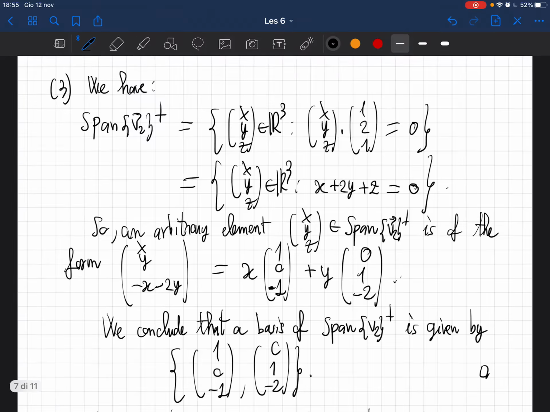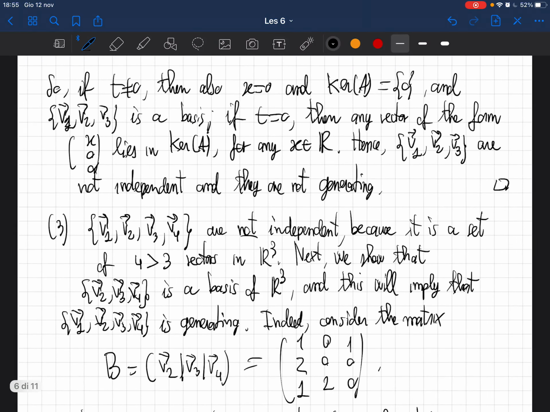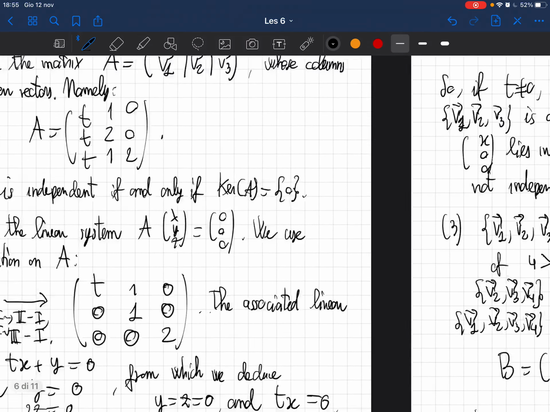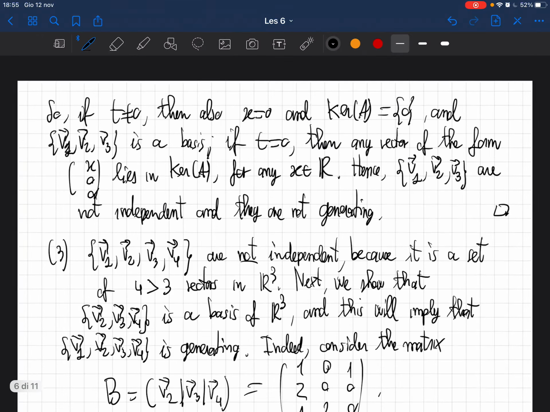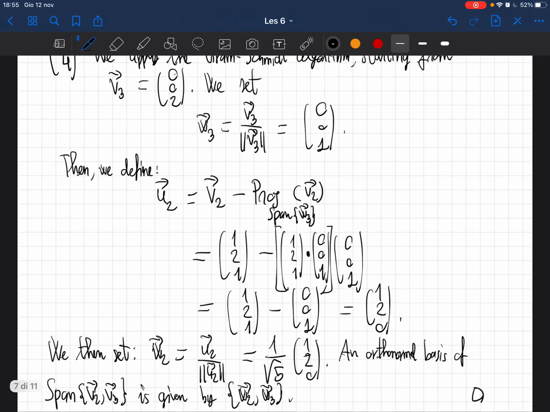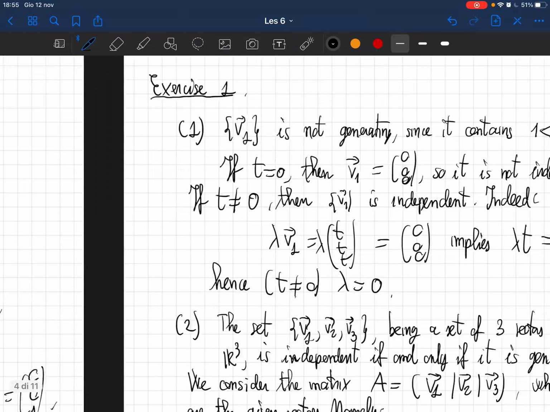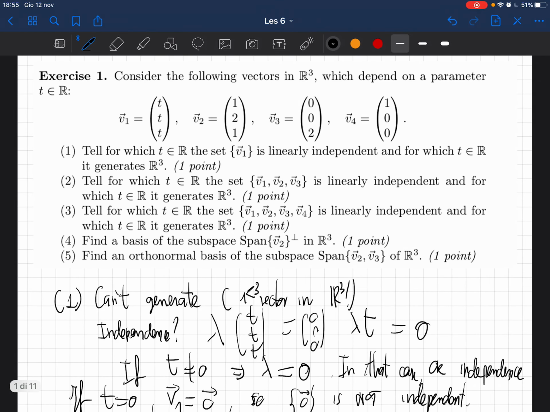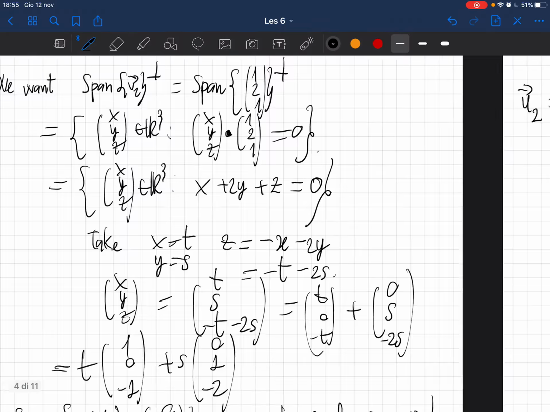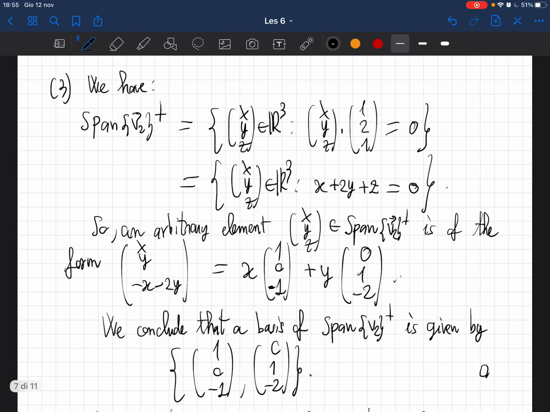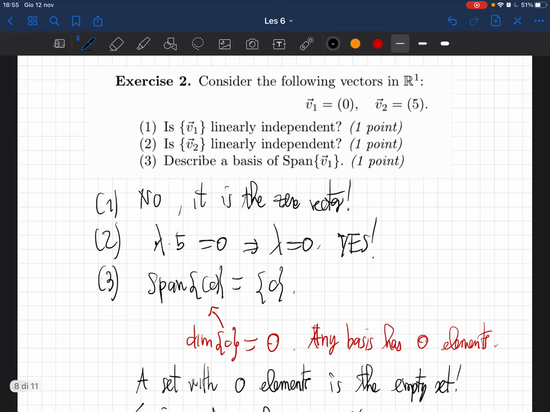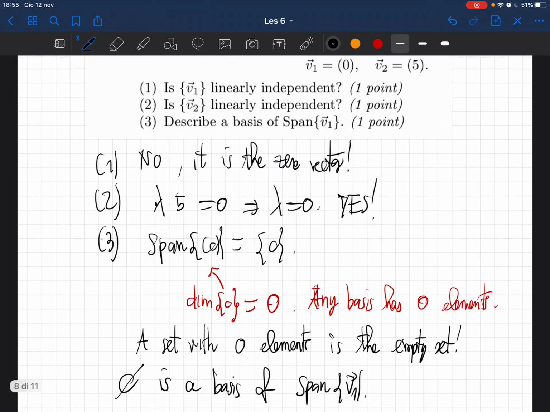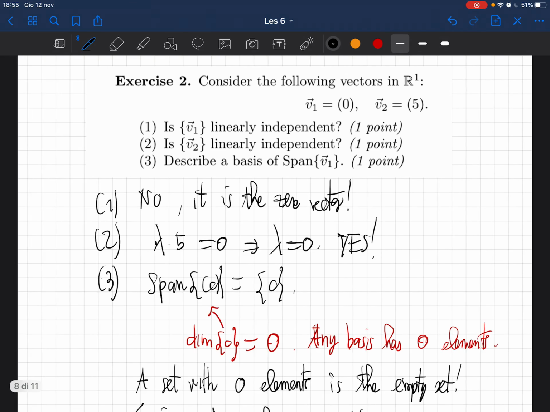Okay, and this is it. So we made it for the first exercises. I think it's everything. It was not so fast, but yeah, this is it. This is how you can write a solution for this first exercise. Okay, so we have two more to go, but they're quicker. So well, this one is very short.